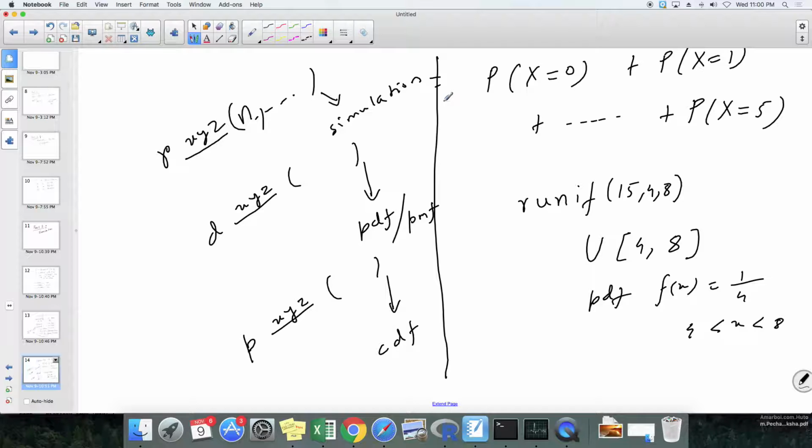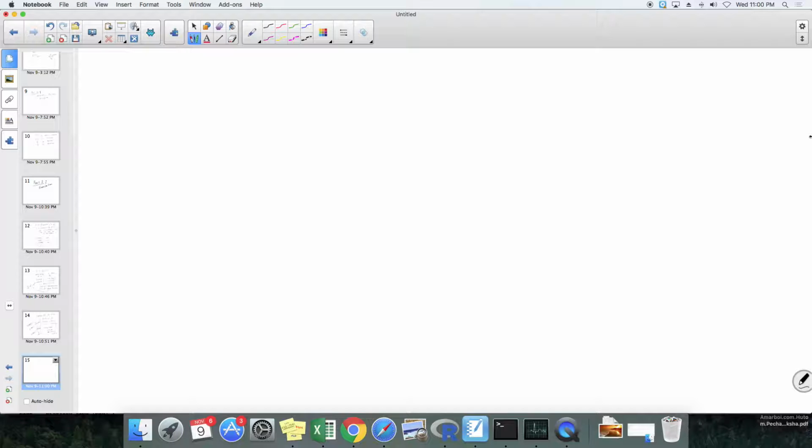When writing r-something, the first thing we write is the number of values you want, and then the parameters, and these parameters depend on what the distribution is.